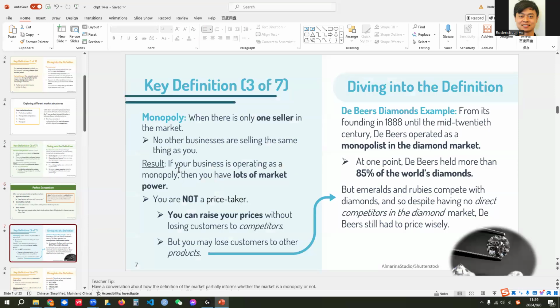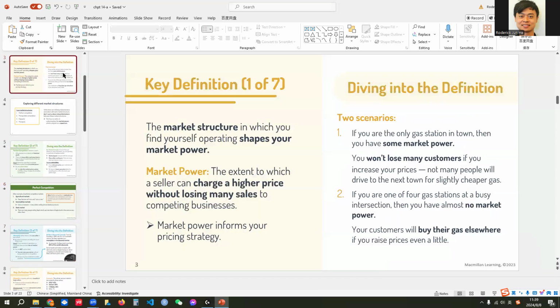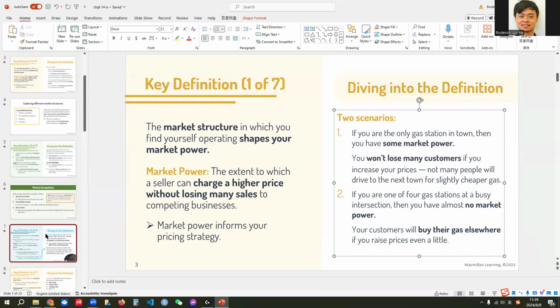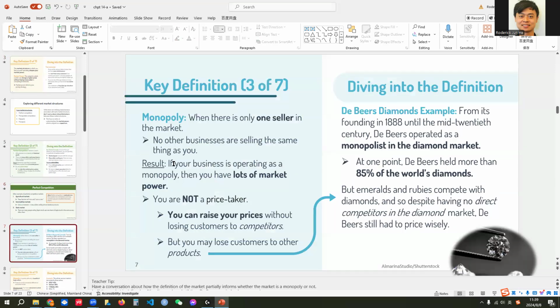And the other extreme case is monopoly. That is when there is only one seller in the market, and in that case, like this, right? You're the only gas station in town. In that case, people have no other choice. They have to buy yours. And especially if they are inelastic, if what you sell is a necessity, right?